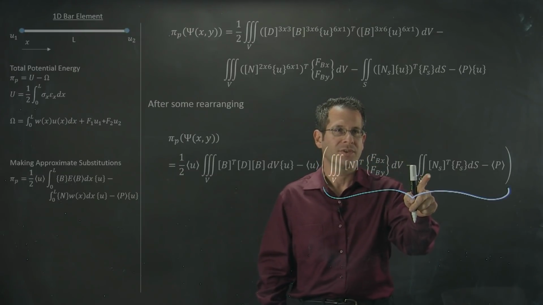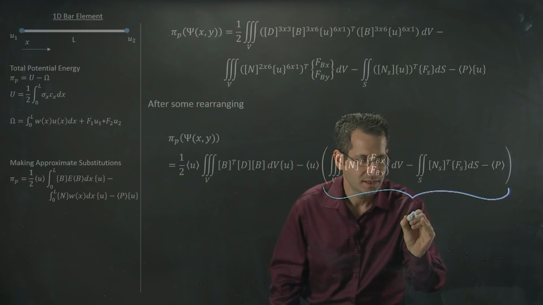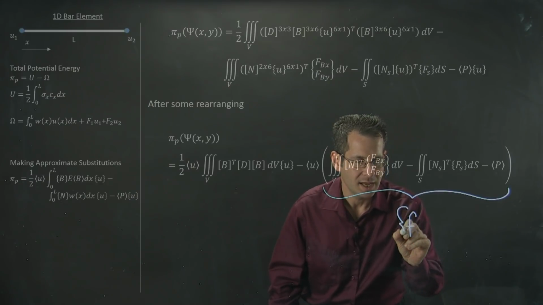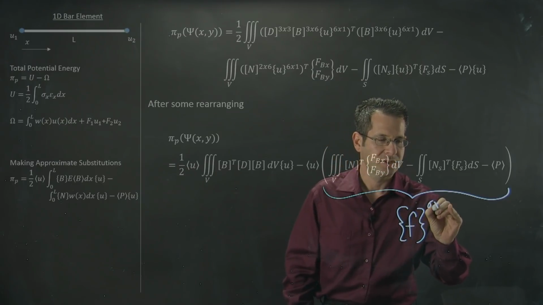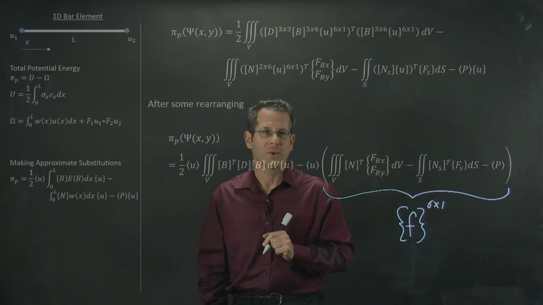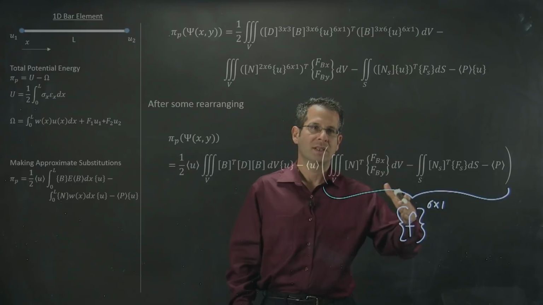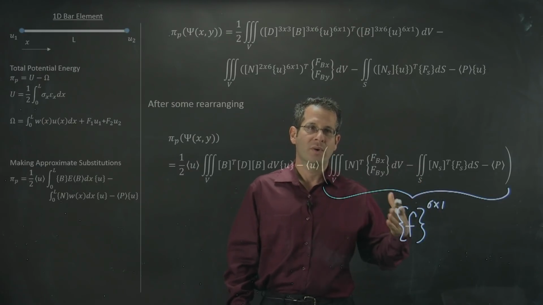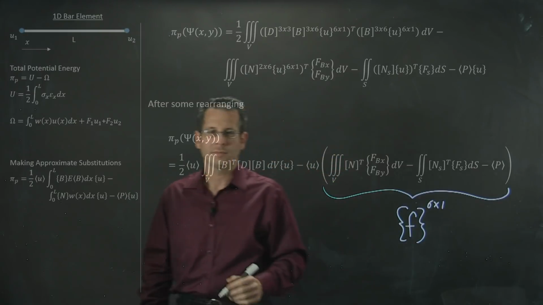This represents surface forces. This represents point forces. When I'm done, this will be a 6 by 1 vector, which will represent all of the forces applied on my body, at least all the forces applied on my body as equivalent forces at the 3 vertices or the 3 nodes.